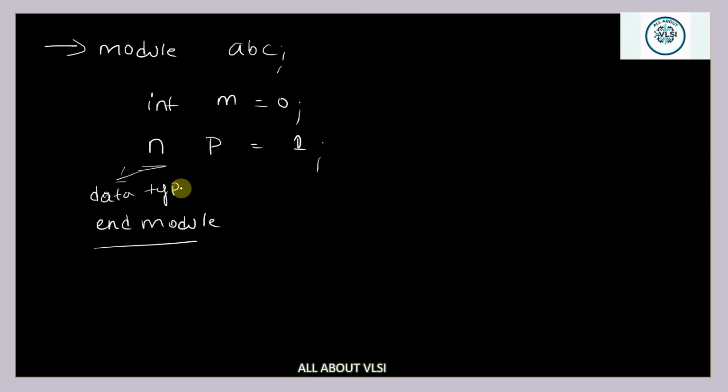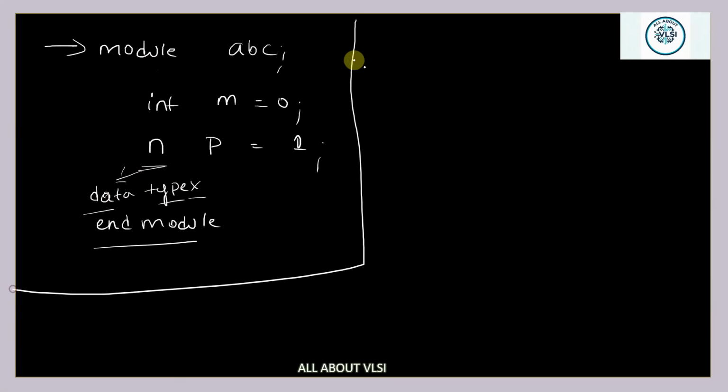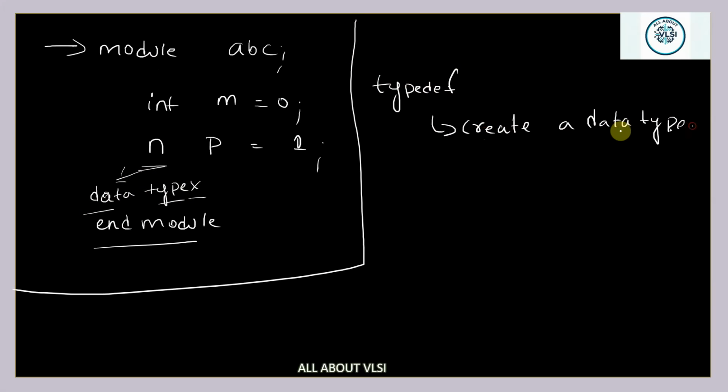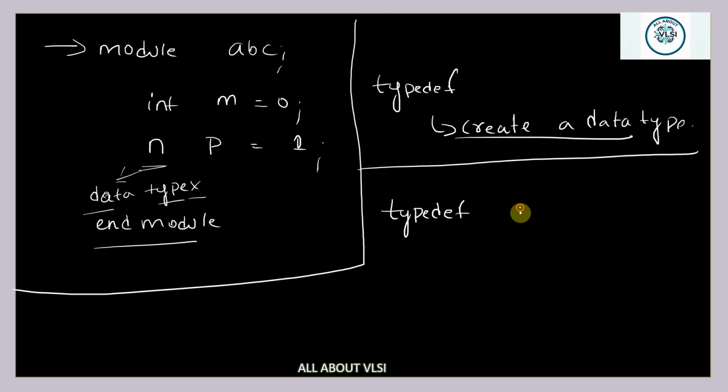So here what I'm going to do is use something known as typedef. This typedef is used to create your own data type. Now how do we use it? Let us see. I'm going to write typedef int n.